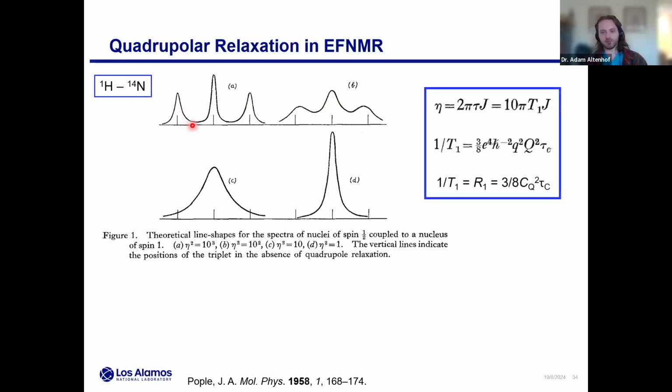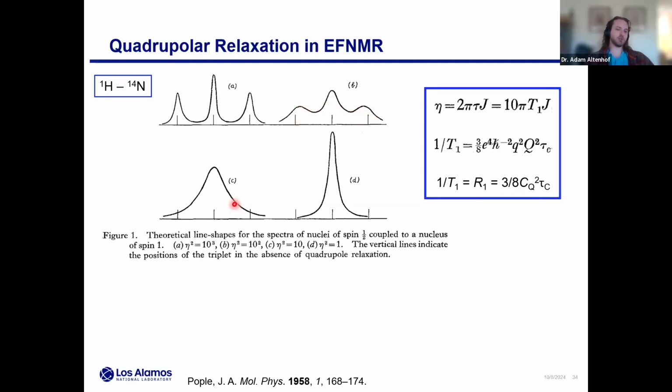Now, what's pretty interesting, you have to consider the T1 of this 14N, which is given by this well-known quadrupolar relaxation. So thinking about the rate, inverse T1, that's going to be dependent on its quadrupolar coupling and its correlation time. So what John Popel showed back in the day was, as that relaxation rate increases, you're initially going to broaden your triplet.